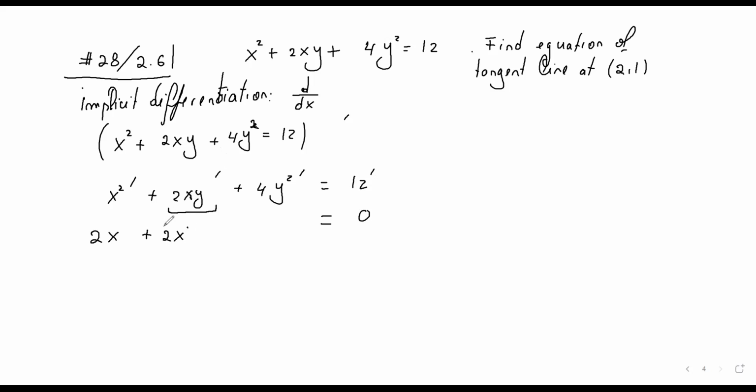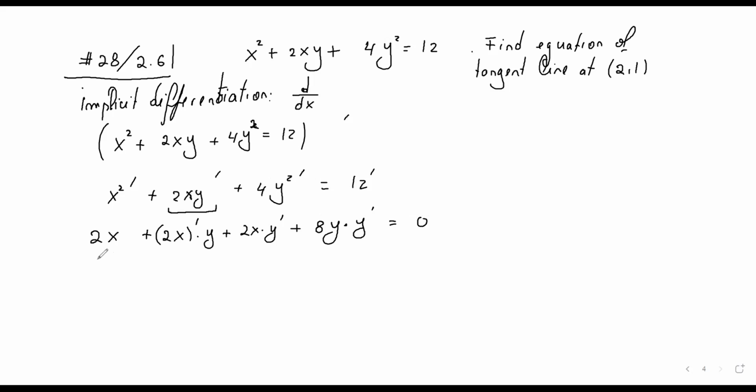So it's 2x prime times y plus 2x times y prime. And then there's 4y squared prime, which is 8y, so 4 times 2y times y prime. Remember the chain rule over here. That's going to be equal to 0.